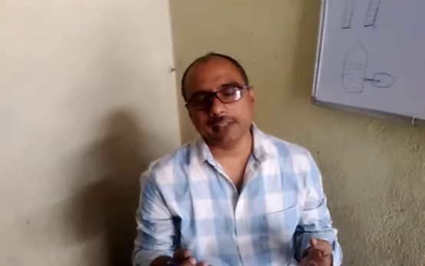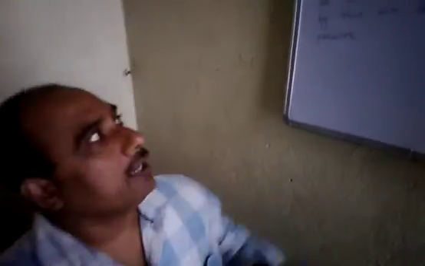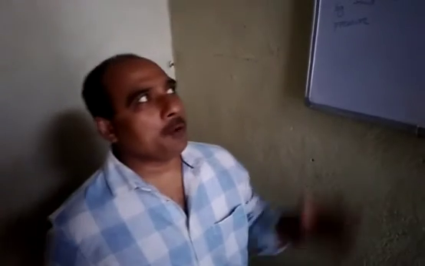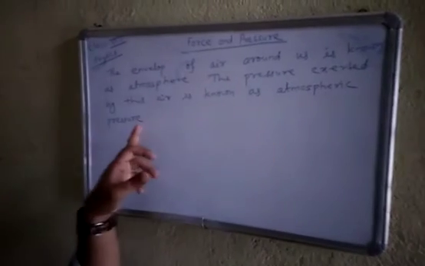Now we shall see about the pressure exerted by gas, that is, atmospheric pressure. As you know, the envelope of air around us is known as the atmosphere and the pressure exerted by this air is known as atmospheric pressure.